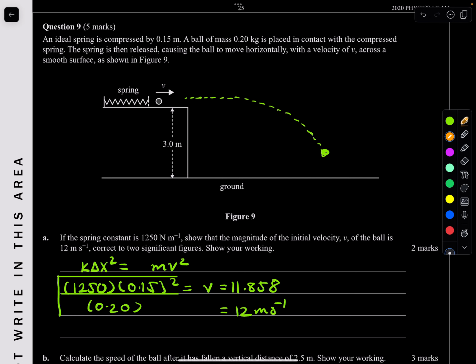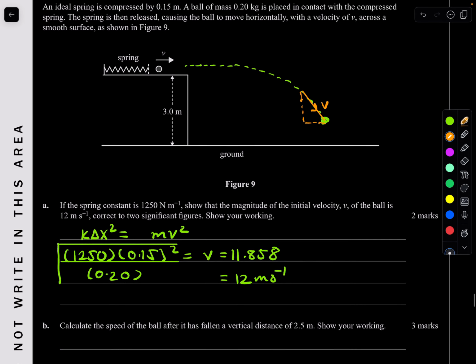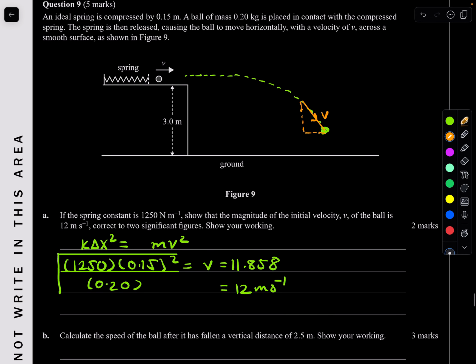To calculate the speed, you need to remember that this is your speed in this direction. You need to break it down into its horizontal and vertical components. We know our horizontal component is going to be constant. And that constant value is what we just calculated, which was 11.858. And what about the vertical velocity?